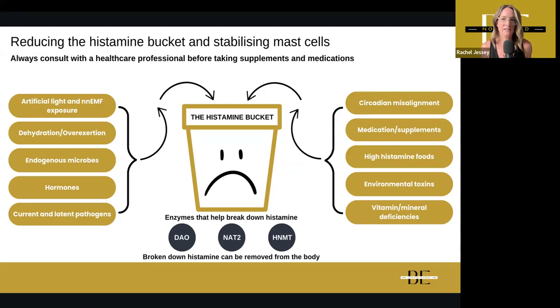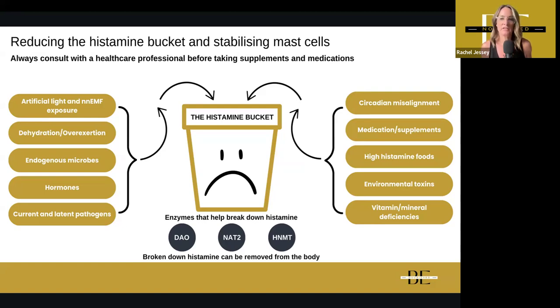I'm looking at things like circadian misalignment, so that's the disruption between the sleep and the wake cycles. I'm looking at dehydration, medications, supplements, endogenous microbes, which are the microbes that live within our body, so that can relate to the gut microbiome, for instance.